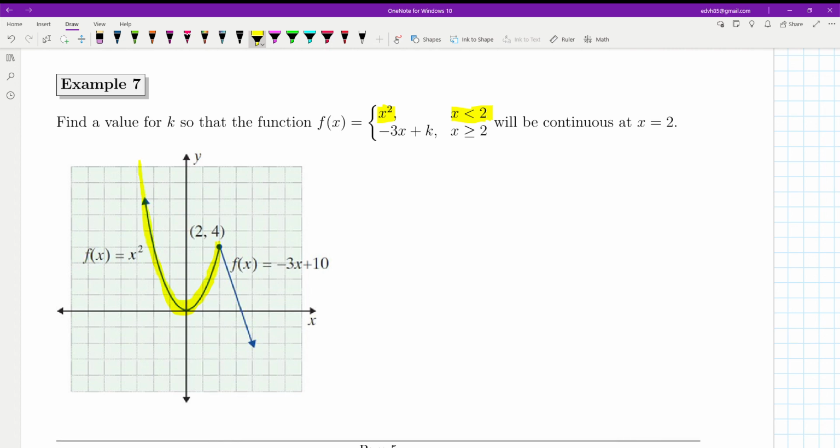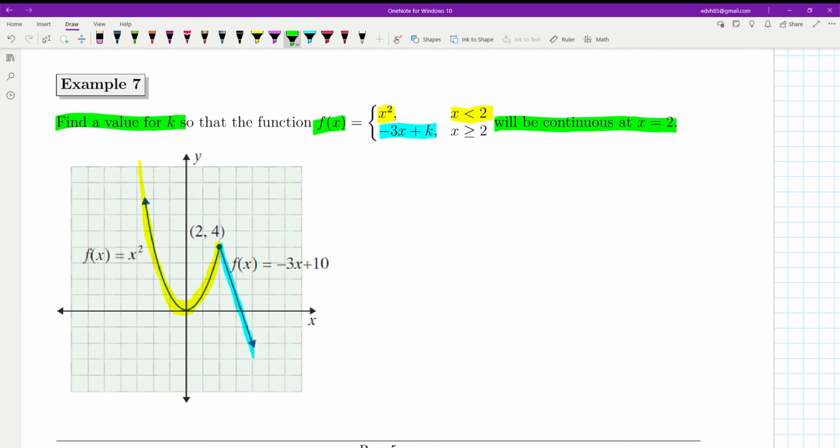And then we have this funky looking function, negative 3x plus k. It's a linear function with negative slope. What they're asking us to do is to find the value of k so that f of x will be continuous at x equals 2.